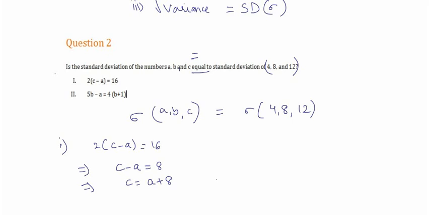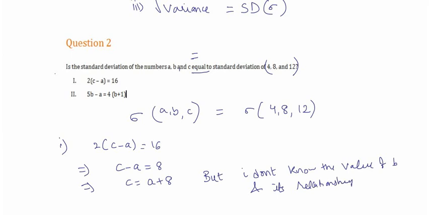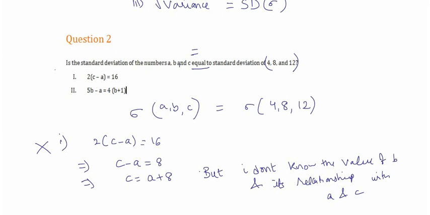So I have C is equal to A plus 8, but I don't know the value of B and its relationship with A and C. So I cannot solve using this the standard deviation of A, B and C.